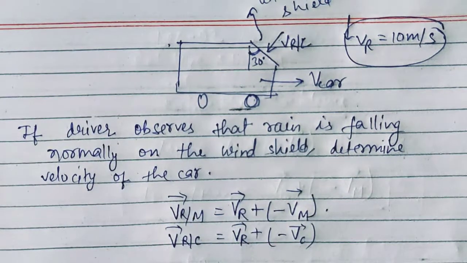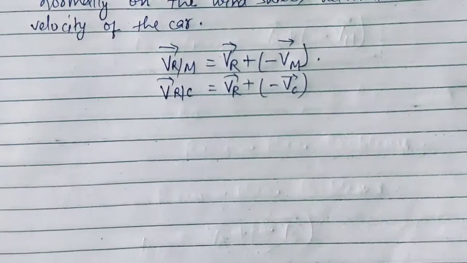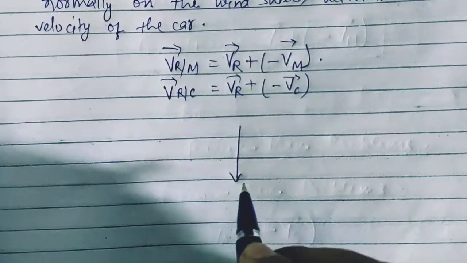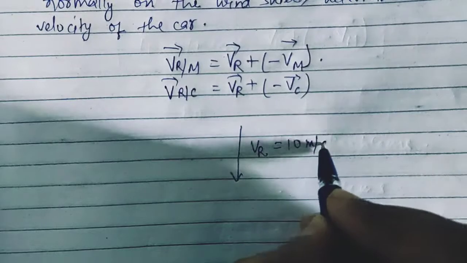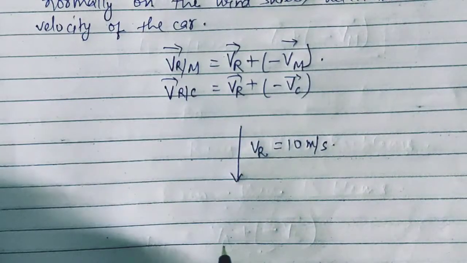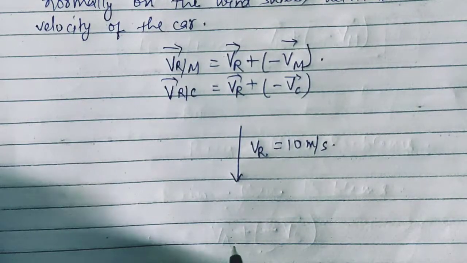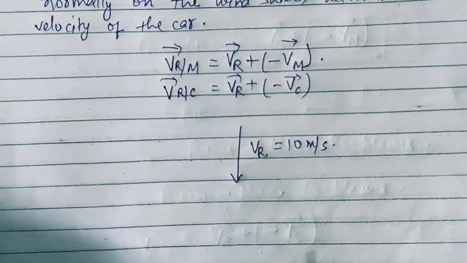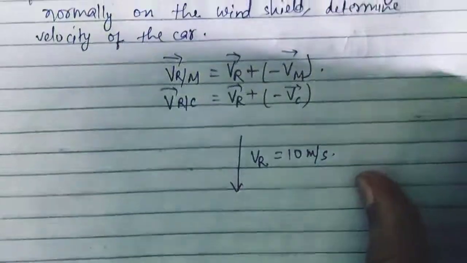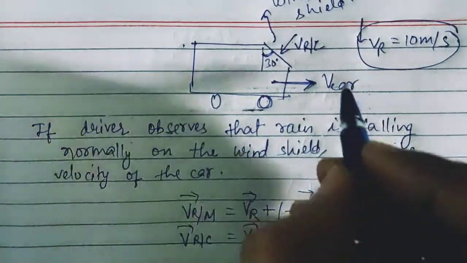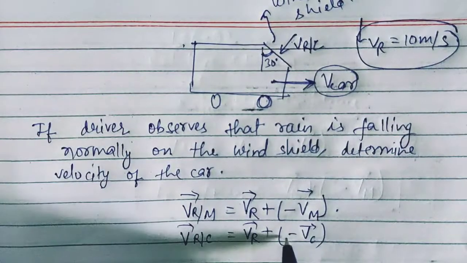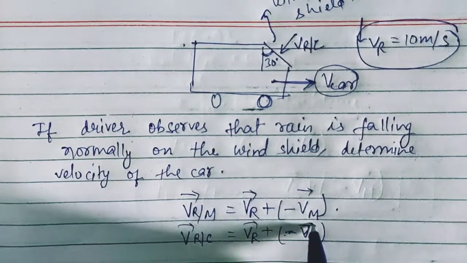Okay, and you know that VR is falling downward, VR is 10. And the velocity of rain with respect to car is falling normally on the windshield. We know that V car is like this, so you will have to apply it negative, as you have seen in the formula.